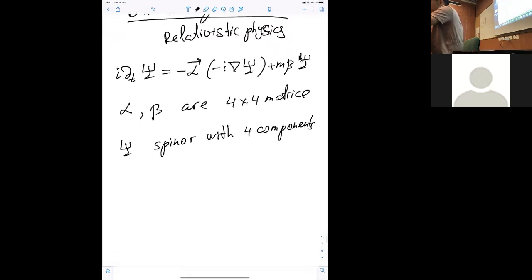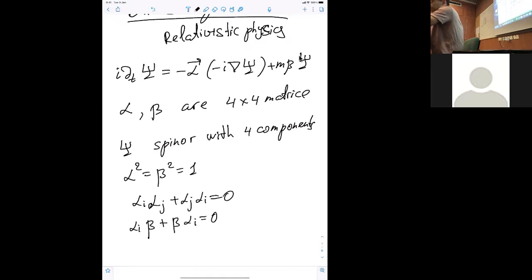The matrices alpha and beta square to 1, different components of alpha anticommute with each other, and alpha anticommutes with beta. This is what people demanded in relativity to have this equation be consistent with Lorentz invariance.